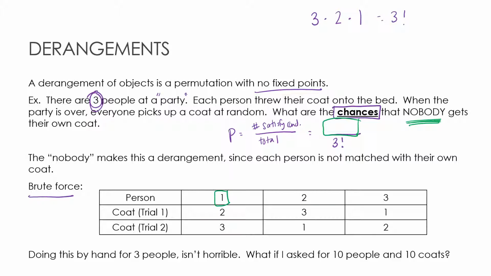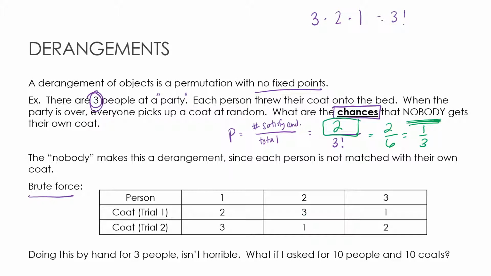If person 1 gets coat 2, then person 2 has to get coat 3, and person 3 has to get coat 1. Same thing if I set person 1 to coat 3, then it must be that 2 got 1 and 3 got 2. So really, I've already exhausted my list. There are 2 ways out of 6, or 1/3 of the time, nobody is going to get their own coat.